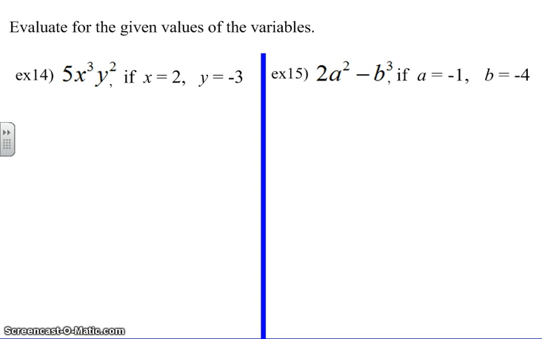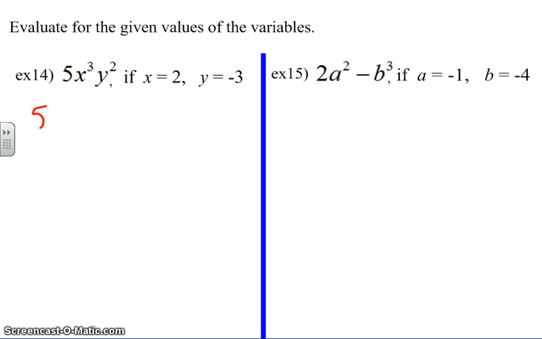We are going to move on now to example 14. And we are going to evaluate expressions again for given values of the variables. And we're going to do this just like we did evaluating expressions in the last lesson. So everywhere we see an x, we're going to substitute it with a 2. Everywhere we see a y, we're going to substitute it with a negative 3.